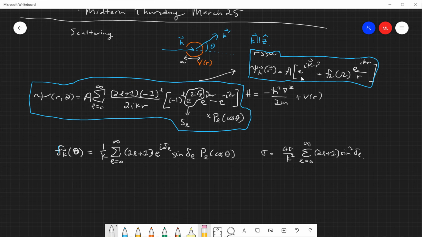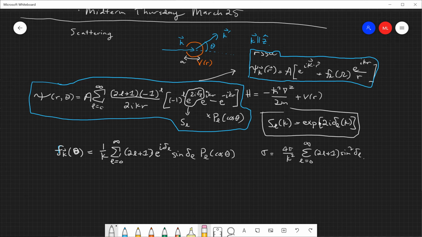And we'll talk more about those later. But in these guys, again, everything depends on the incoming momentum. These guys are just the exponentials of 2i delta L, and the phase shifts themselves depend on the incoming momentum. So these are kind of the key formulas.